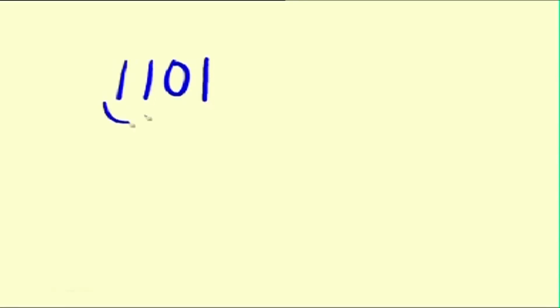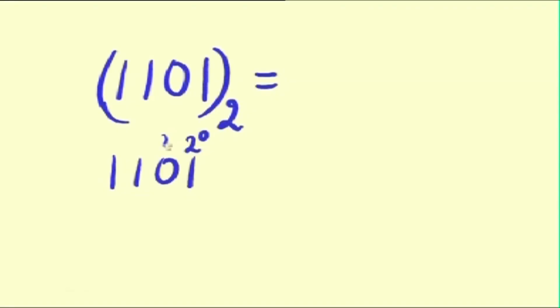If we take this, it is very easy now. This is a very easy number. What is 1101? What is its decimal equivalent? You try to find out, and that will be the hexadecimal equivalent as well. So, write like this: 1101, this is going to be 2 power 0, this is 2 power 1, this is 2 power 2 and this is 2 power 3.